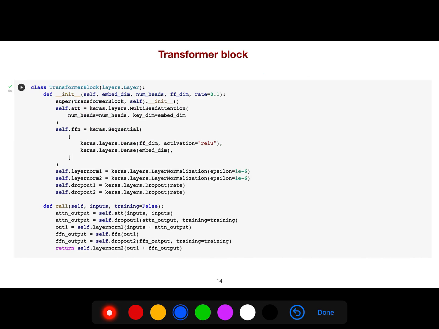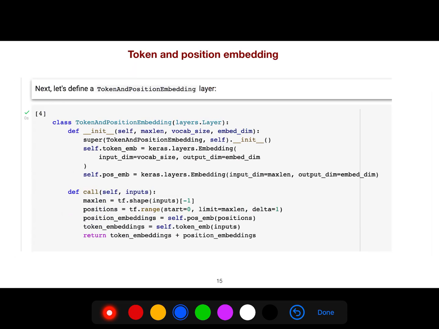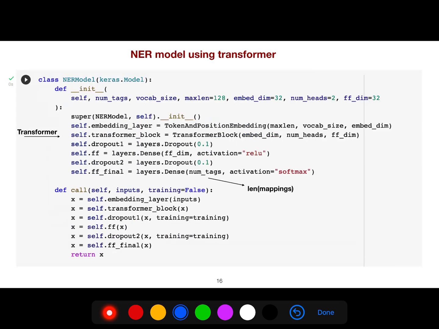And for the transformer block, I inherit from layer, and here I use the dropout. And for token and position embedding, we use these codes. You can see in my GitHub repository, the second project is here, NER model using transformer.